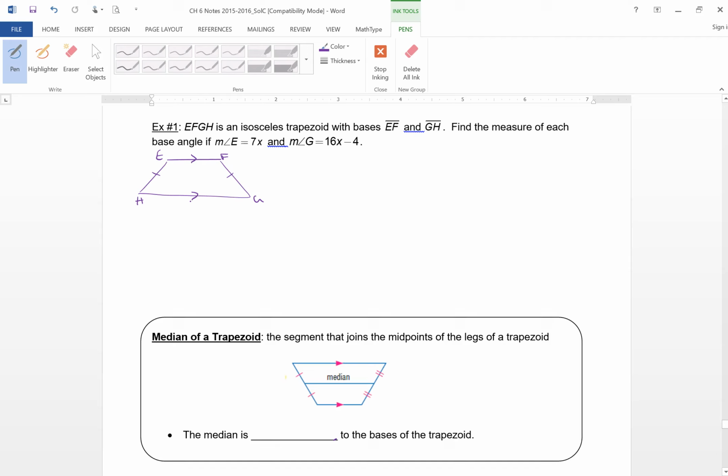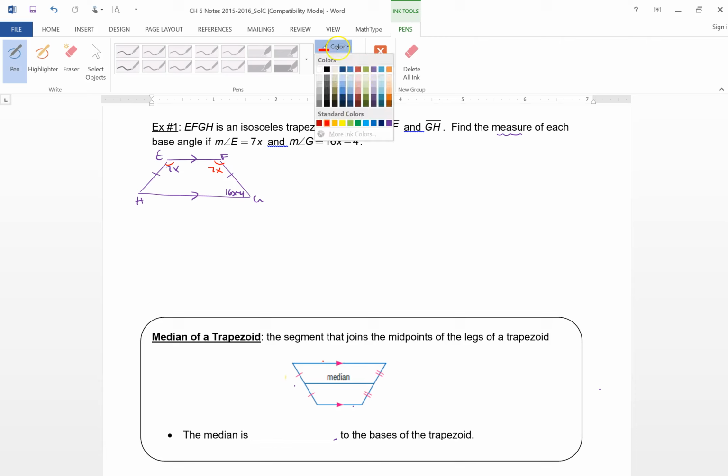Now it says find the measure of each base angle if angle E is 7x and angle G is 16x minus 4. Now, we know that the theorem says that for an isosceles trapezoid, each pair of base angles are congruent. So if that's 7x, then this is also 7x.